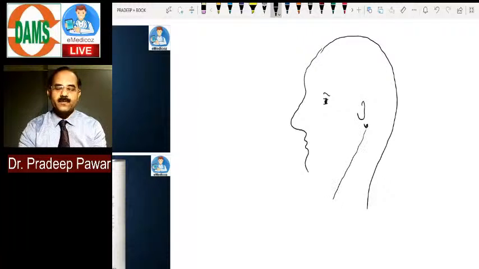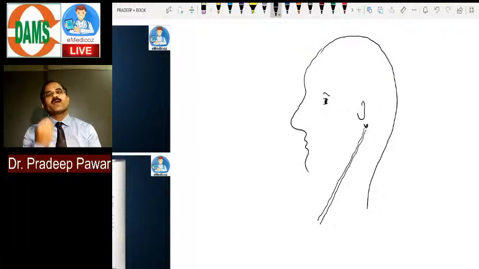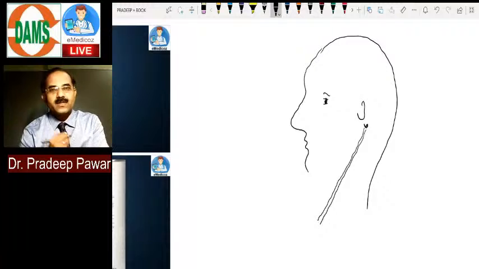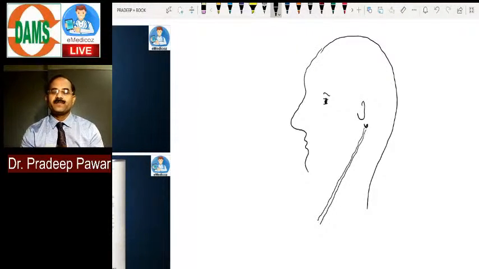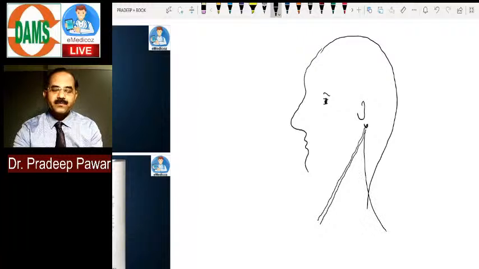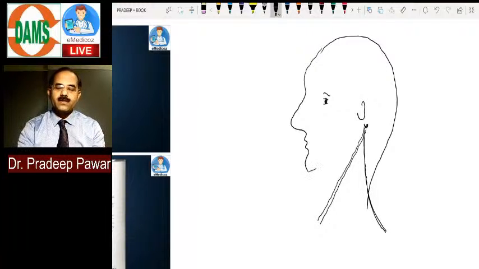Identify this muscle here. A muscle which begins from the clavicle, begins from the manubrium sterni, gets inserted on the mastoid process. What is this? Sternocleidomastoid, right? This is the sternocleidomastoid. This is the trapezius. That's the body and that's the ramus of the mandible.